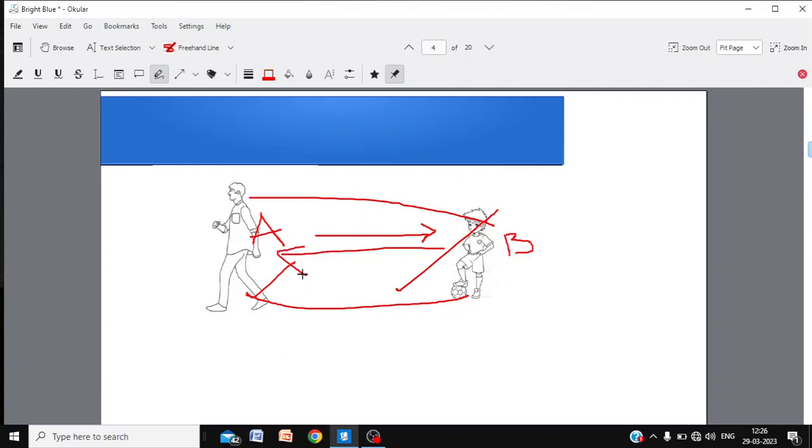If you start with A, the relationship is father of the son. If you start with B, then you say son of Mr. A. The same concept can be used here also.